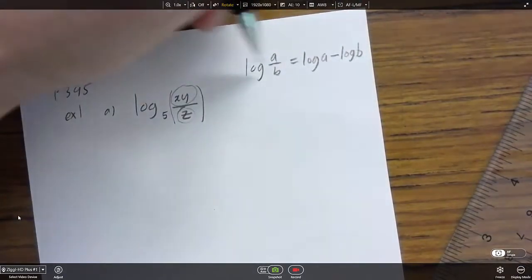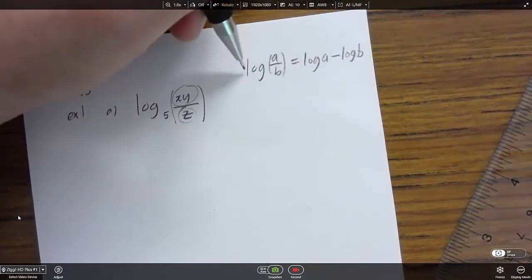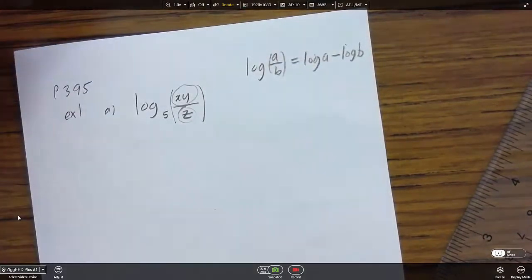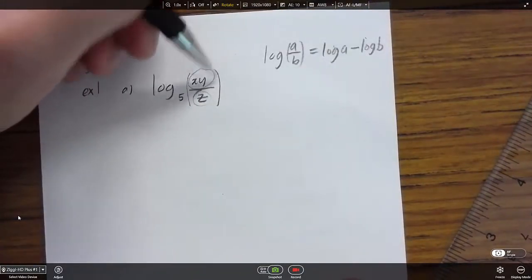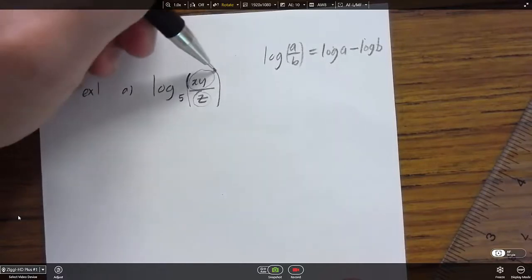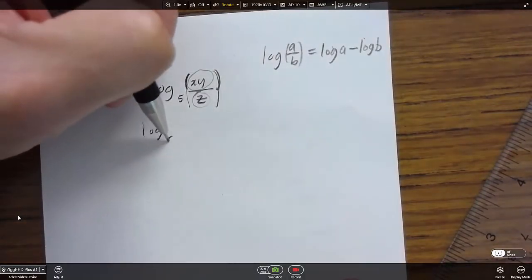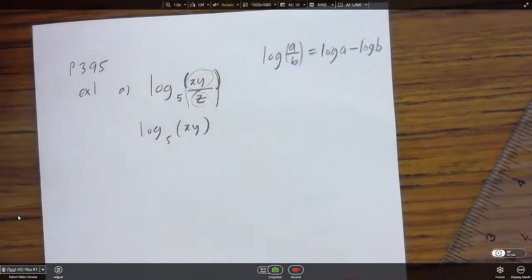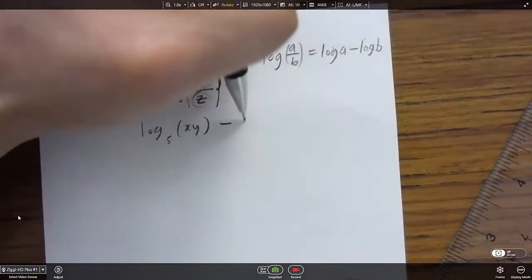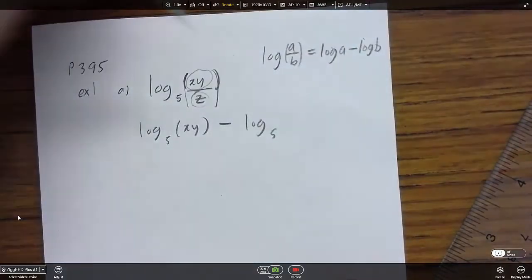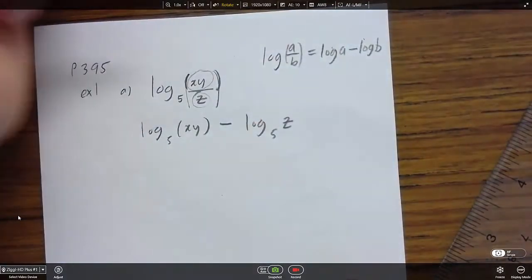So we have to treat this as some fraction, and we can break down the log into two logs. So this here is my top. You have to visualize the hidden bracket here. And so we're going to rewrite this log base 5 xy minus log base 5 of the bottom.